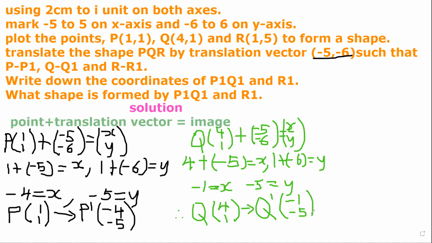So the image Q prime is -1 and -5. Good.